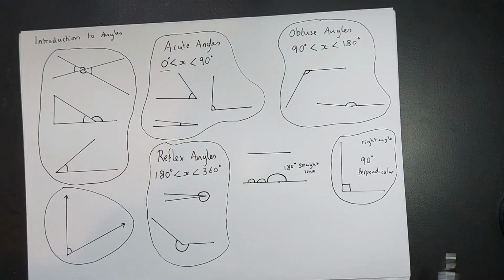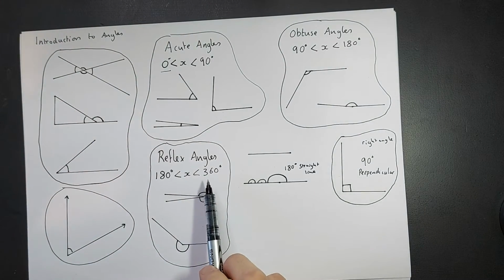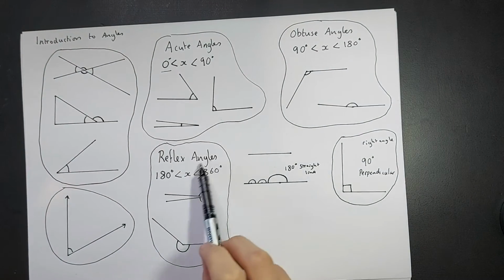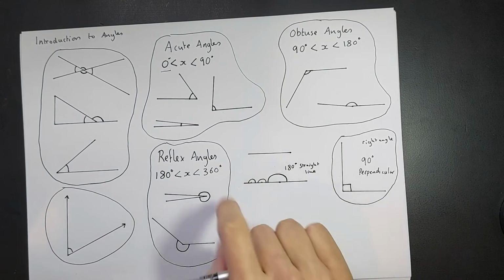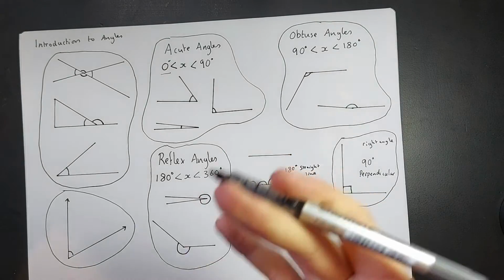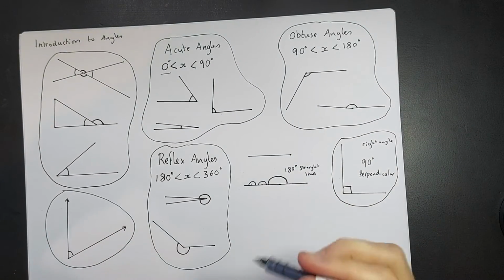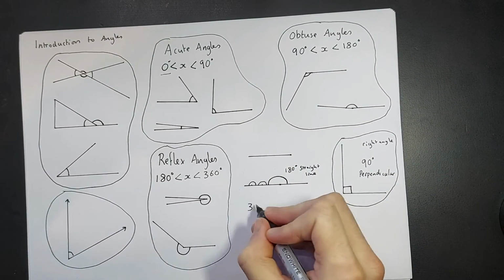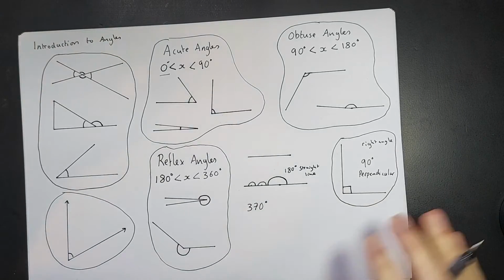And the last one, 360 degrees. I'll tell you what, we'll look at angles bigger than 360 degrees, and you'll see the argument holds for this one. Let's imagine we have an angle that's greater than 360 degrees. What are we going to call it? Let's say 370 degrees.